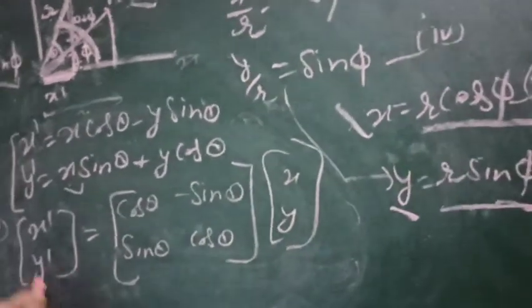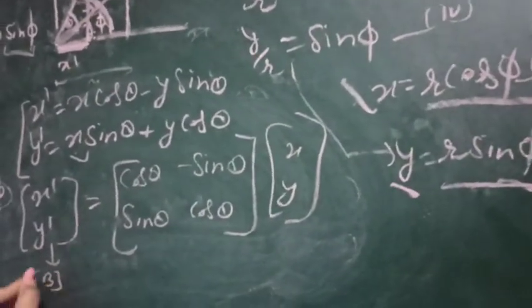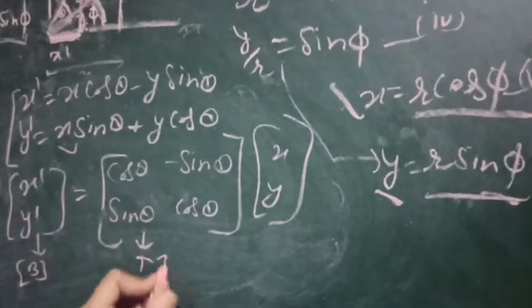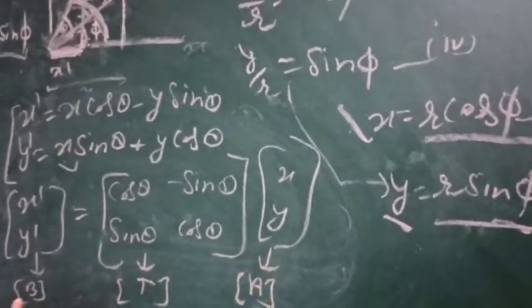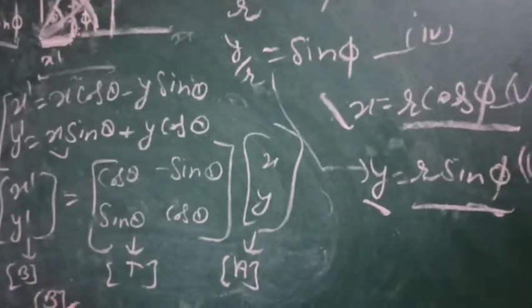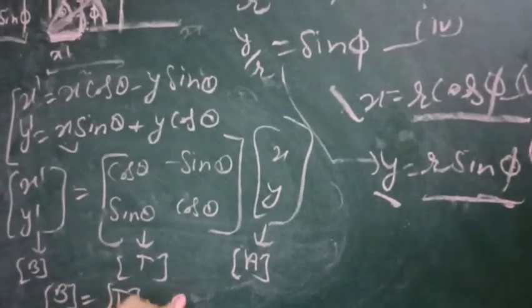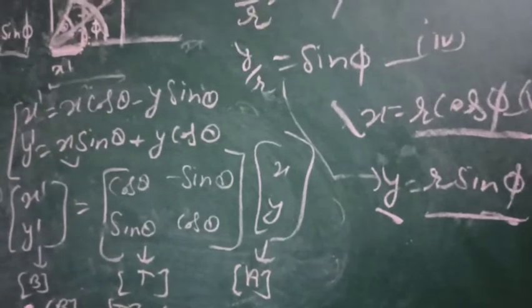Now we can see that we have a form b equal to p dot a, that is the standard matrix form.